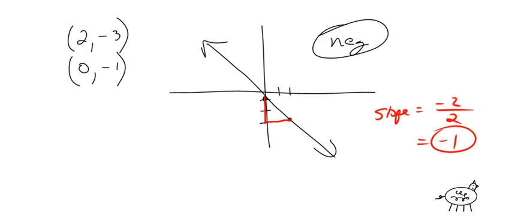Okay, let's do a few more. The point is 1 comma 4, and the other point is 2 comma negative 2.